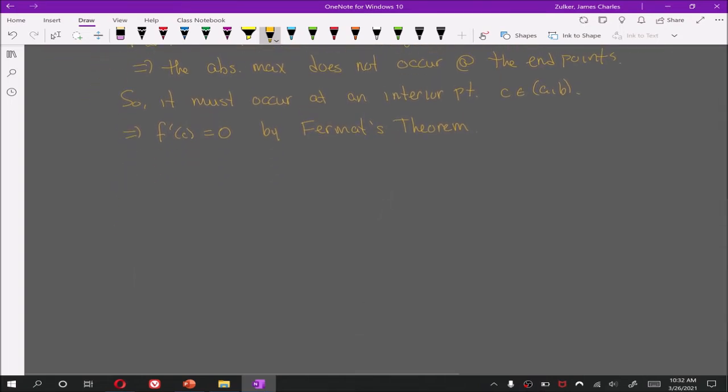Finally, suppose there exists an x in a, b such that f of x is less than k. Well, this is analogous to the case we just proved.